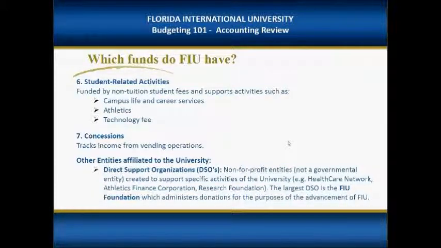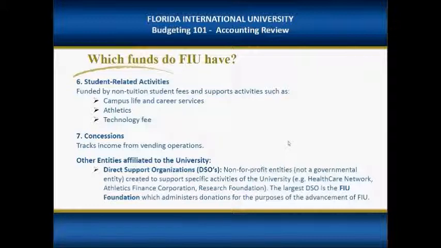Finally, there are some other entities that are affiliated with the university. These are called DSOs, which are direct support organizations. They are not-for-profit entities. They are not governmental in nature. They are not part of FIU as a governmental agency. They're separate not-for-profit organizations. They are created to support specific activities of the university.